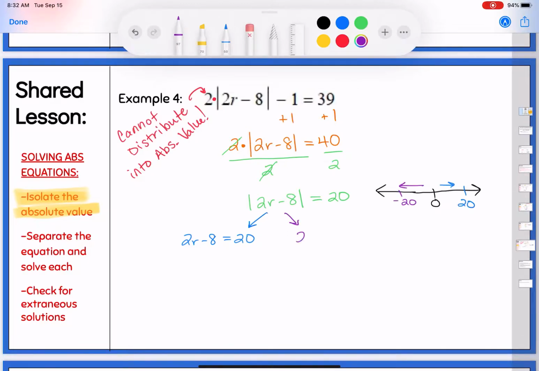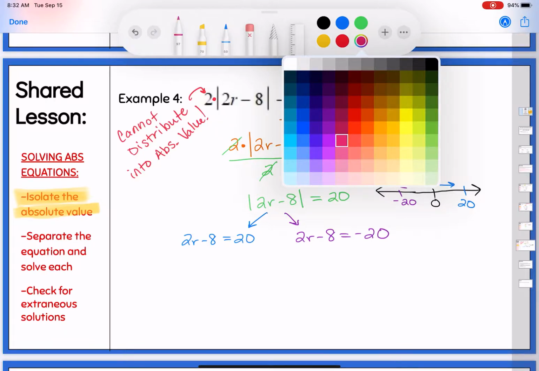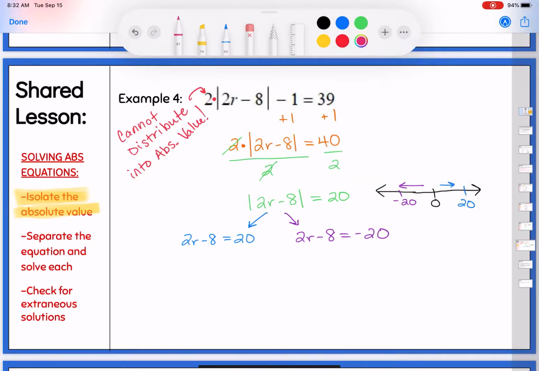So I could have 2r minus 8 equals negative 20. I had to isolate that absolute value before I split it into 2, but once I get there, I leave that inside alone, and I say, well, that could either be 20 units to the right or 20 units to the left, and that's where my 2 equations come from.